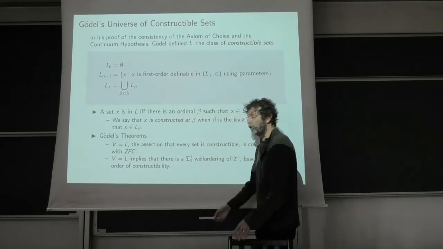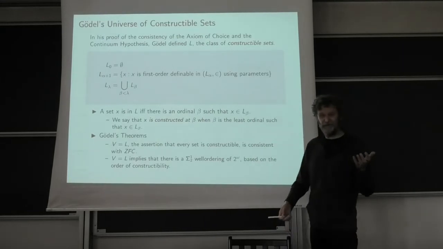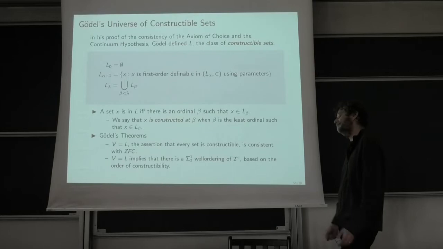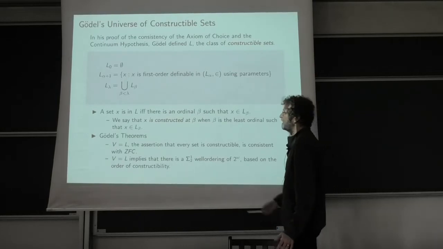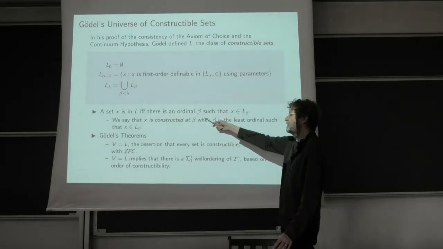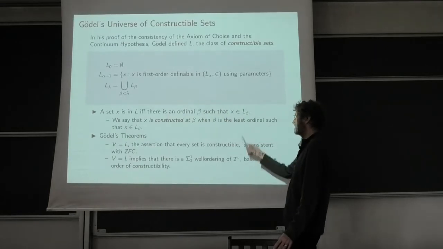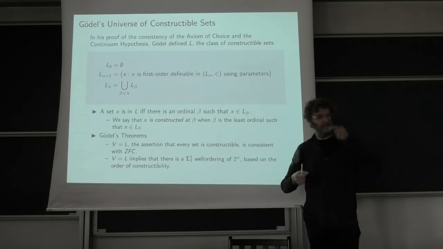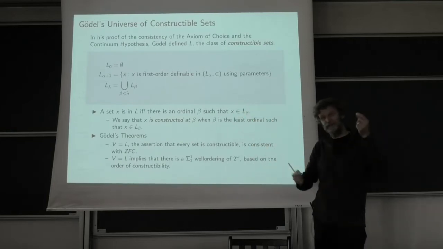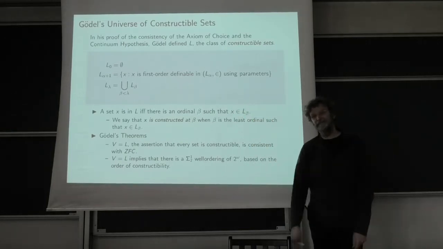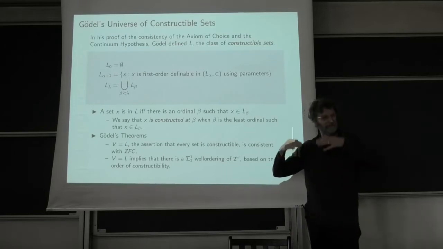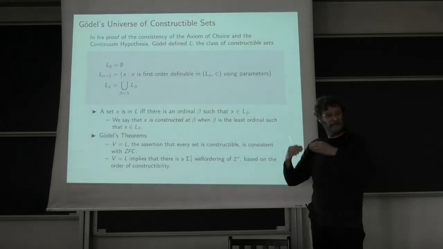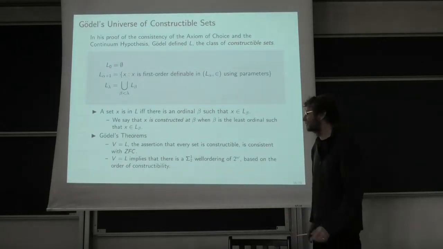Every ordinal will be inside L. X is in L if and only if there's an ordinal beta such that X is in L beta. So a set is constructible if there is a stage in this recursion at which we generate the set. You can think of these steps as steps in constructions of sets. A set is constructible if it's constructed at some point.